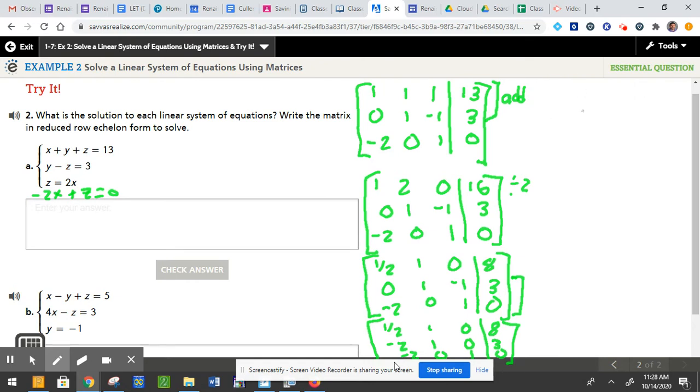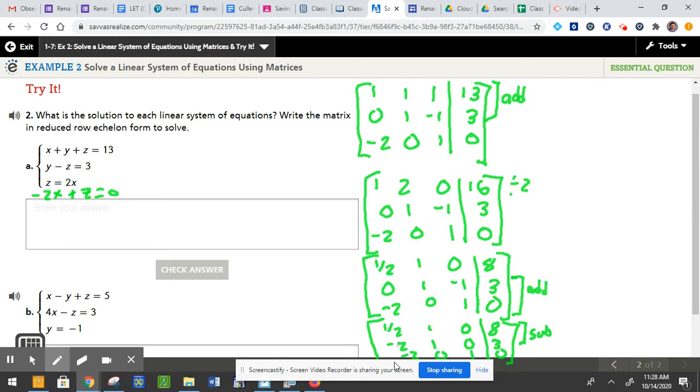So now I'm going to start up here. But now what I'm going to do is subtract. So these ones I added, right? And then I'm going to subtract these two, the first one by the second one, because I'm trying to get the 0 in that spot.